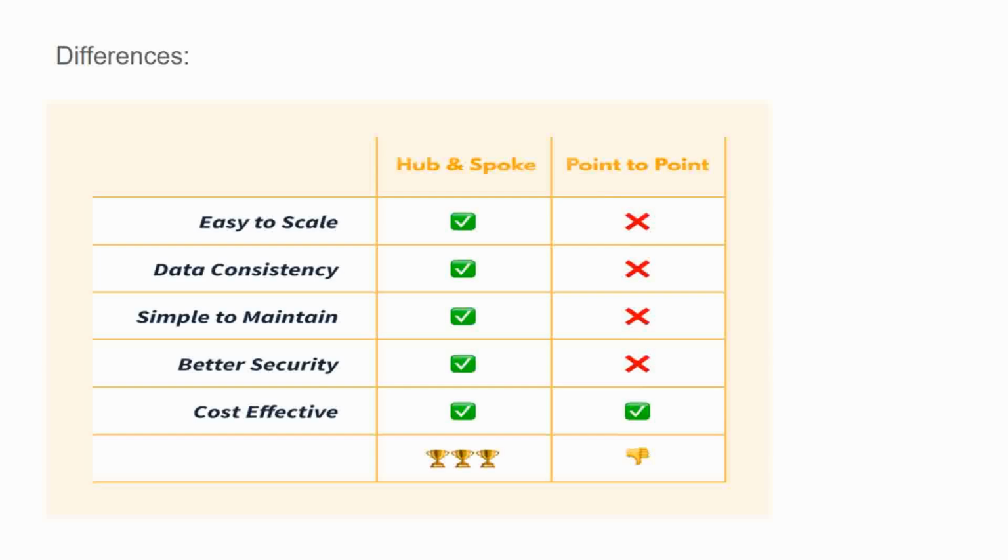Hub and spoke remains the same security-wise, but compared to point-to-point it is a better approach. It is also definitely cost-effective, giving you more value for your cost than point-to-point. But there is a chance that if the hub fails, every system will be affected.